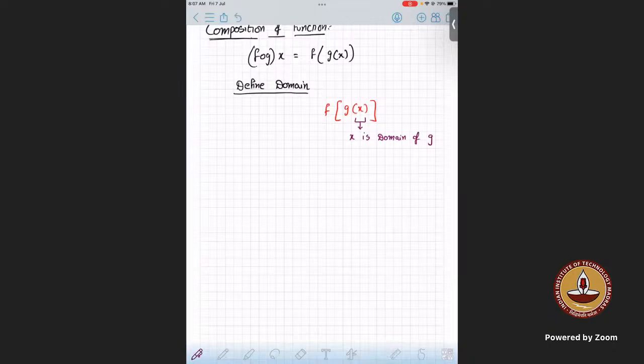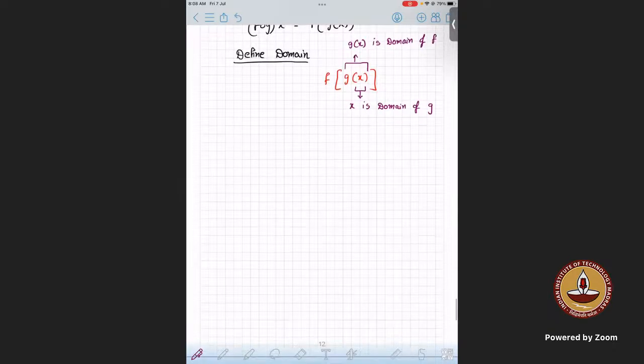And g of x is in the domain of f. The range of g of x is the domain of f. Clear? Clear till now?